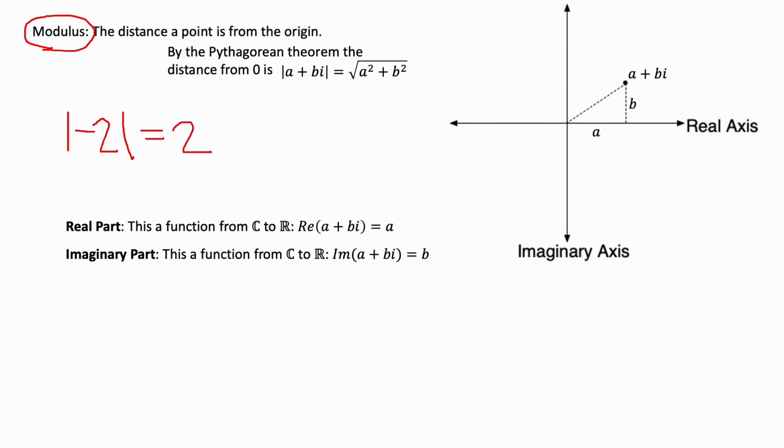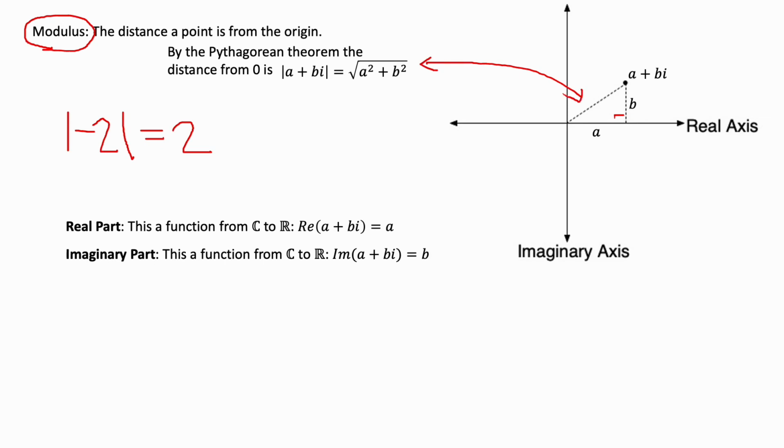So it is the distance from 0. So if I take a plus bi, I'd go over a and up b. Now notice what I get is this right triangle here, which allows me to use the Pythagorean theorem. So if I take a squared plus b squared, this is this side squared. Take the square root of it, and I literally get the distance, stuff that we've learned from 2 dimensions, to get the length.